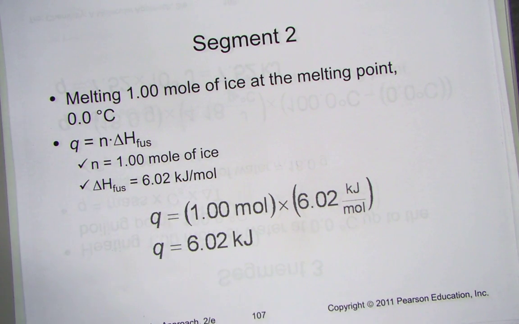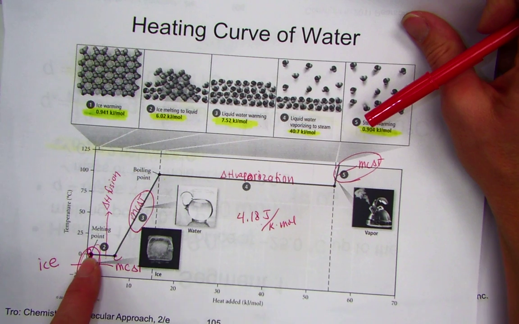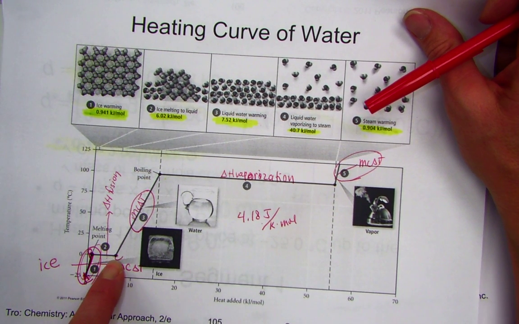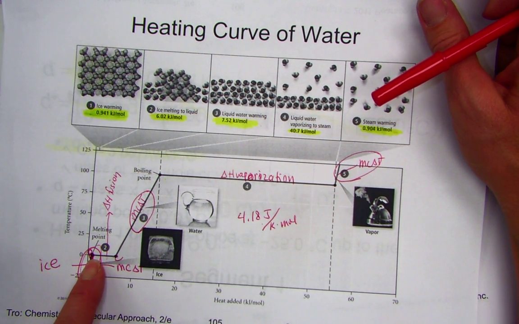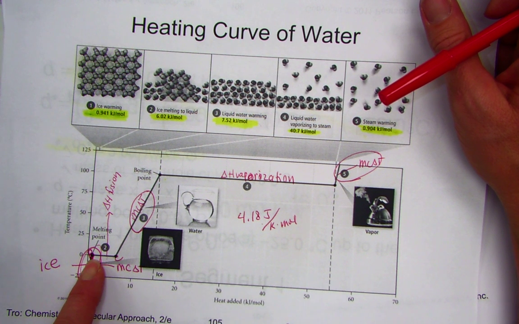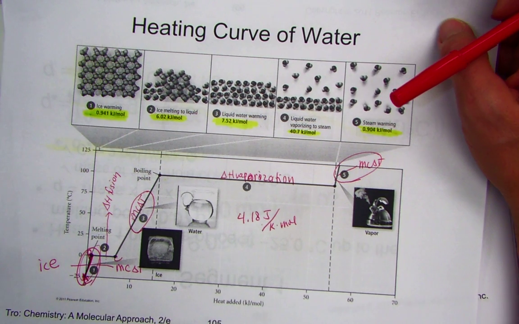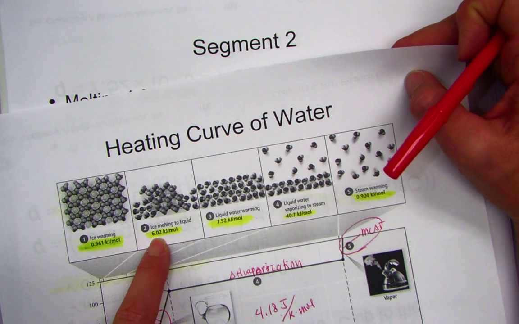Line segment 2, again, keep referring back. Line segment 2 is going across a plateau. There is no slope, therefore there's no delta T. Therefore, it's not an MC delta T problem, but simple unit conversion. We pull out this value here, 6.02 kJ per mole.